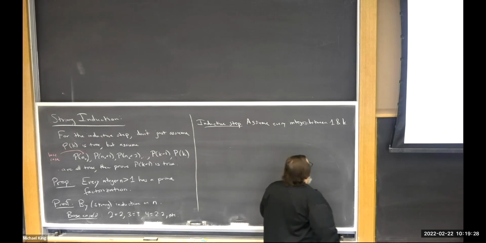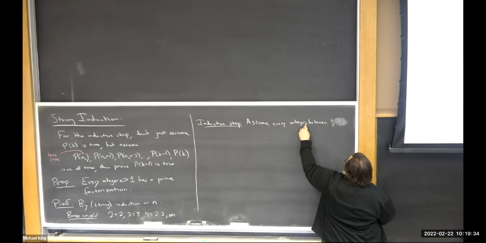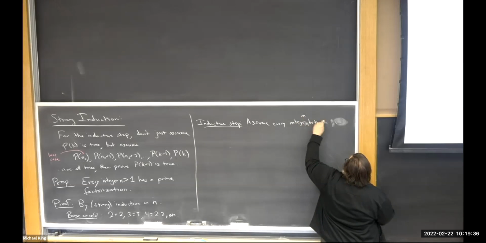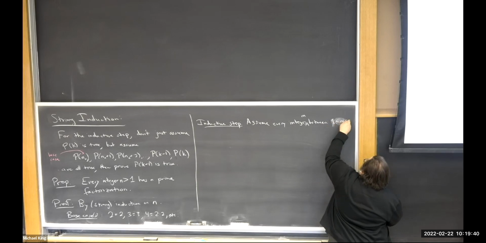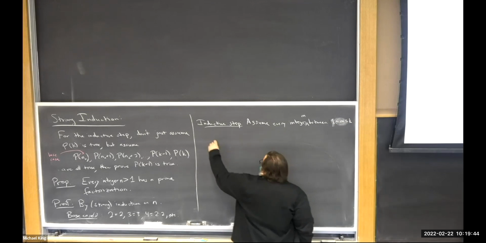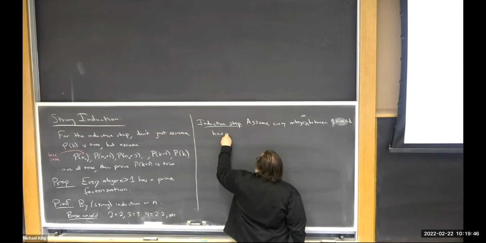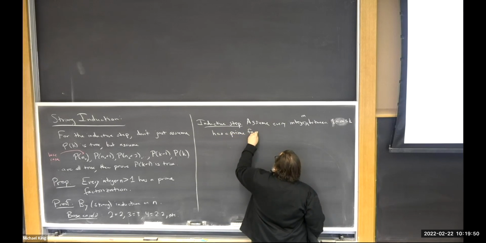Actually, maybe I should say between 2 and k inclusive, or I'll just say it: every integer m satisfying 1 less than m less than or equal to k has a prime factorization, right? Basically can be factored into primes.